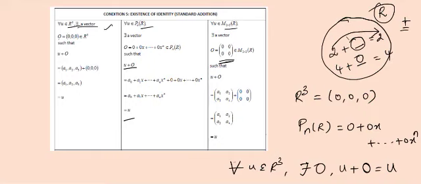That is, in R3 I can find 0, 0, 0. So this belongs to R3. In Pn of R, I can find this. This belongs to Pn of R. See, in 2 cross 2 matrix, 0, 0, 0, 0. This belongs to M2 cross 2 of R, as 0 is a real number, right? 0 is a real number. So the identity exists. That is condition number 5, right?